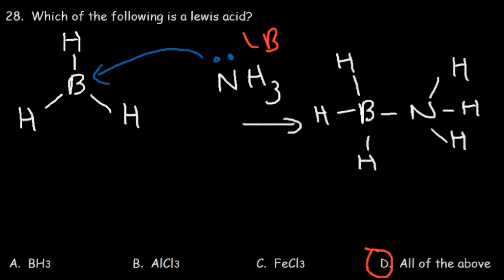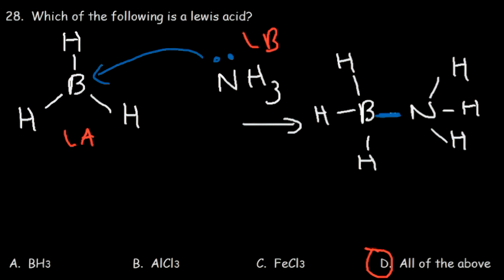Boron was able to accept a pair of electrons, which makes it a Lewis acid, or electron pair acceptor. So as you can see, this bond that was created between the boron and the nitrogen atom, nitrogen provided the 2 electrons to generate that bond. So that's why nitrogen, or ammonia, is the Lewis base, the electron pair donor. And boron didn't provide any electrons to create that bond, so boron was the electron pair acceptor, or the Lewis acid.